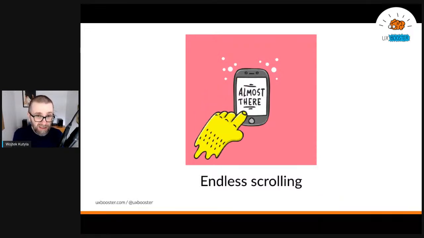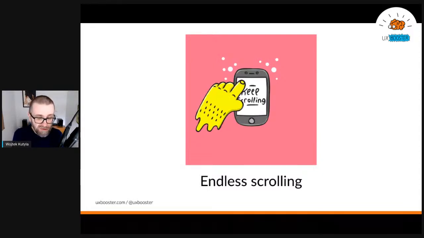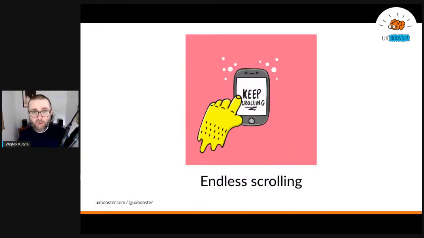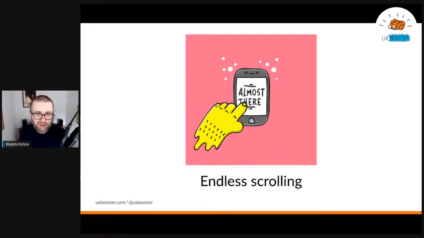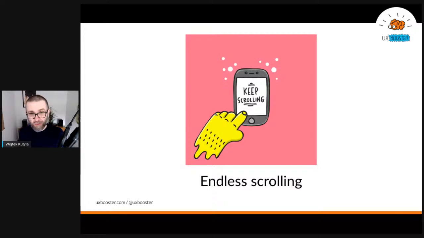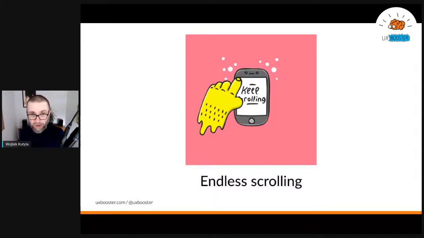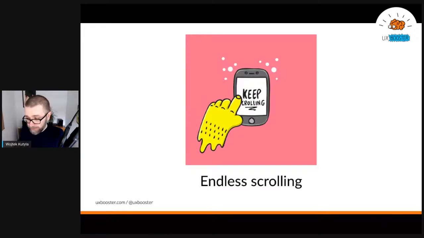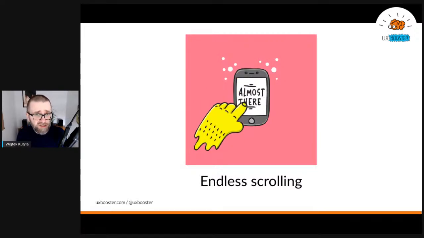It is addictive. It doesn't really inform the user on whether they are at the end of the story or the article or a set of images. It makes it difficult. Why is it there? Well, it's been invented because it can hold people longer on what is designed for them. But as designers, you have to remember about ethics and accessibility and try avoiding such solutions.